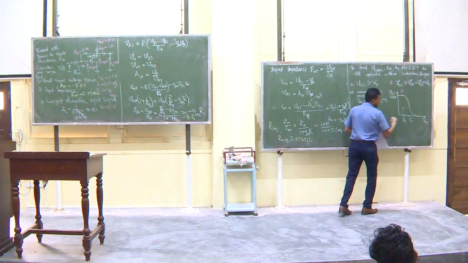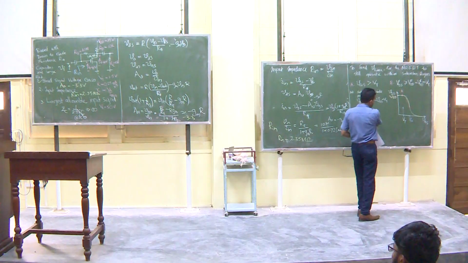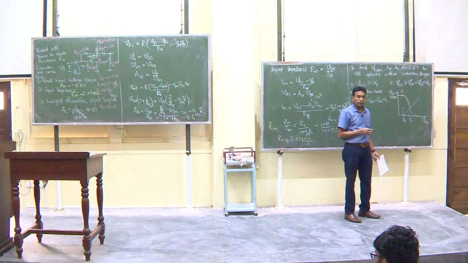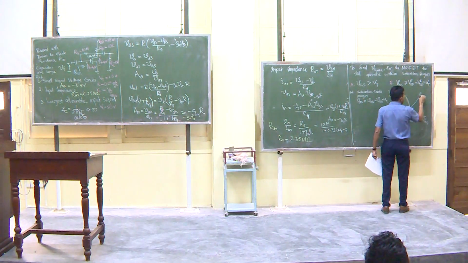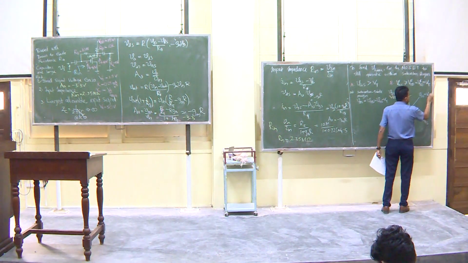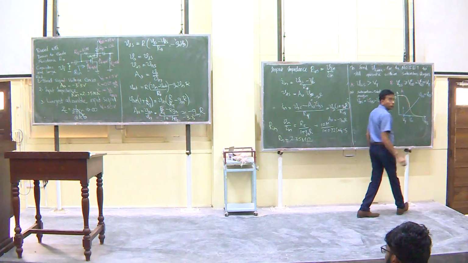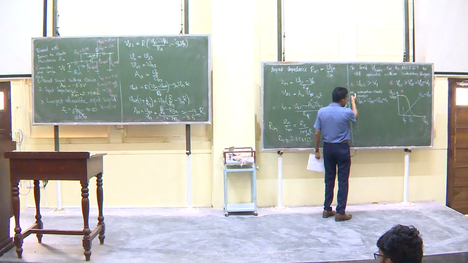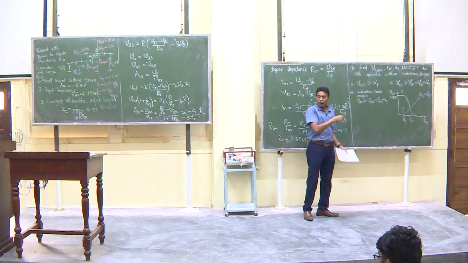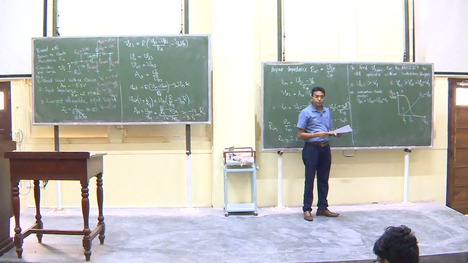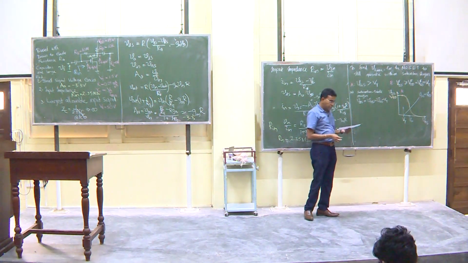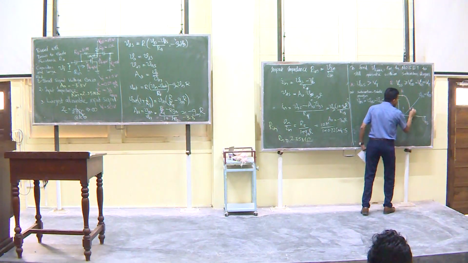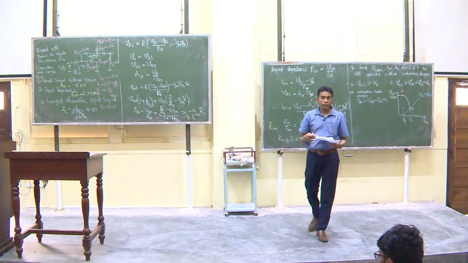In other words, if I draw a 45-degree angle here, that is basically VDS equals V overdrive, correct. Therefore, B must be at this point. That is my B.